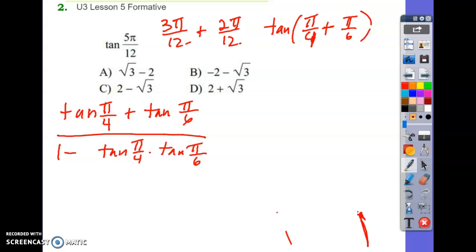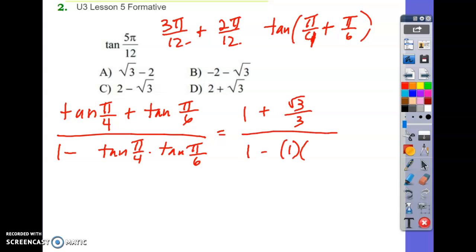Now I'm going to use the unit circle, and I'm going to work to the side here just because I don't have another choice. Normally I would work down on a piece of paper, but you know, we make do with what we have. Okay, so the tangent of pi over 4 is 1, plus the tangent of pi over 6 is root 3 over 3. Hopefully you have that memorized. And then 1 minus the tangent of pi over 4 is 1, times the tangent of pi over 6 is root 3 over 3.